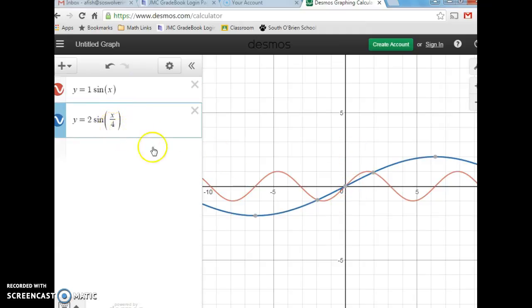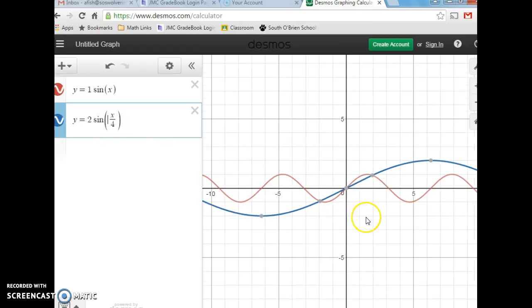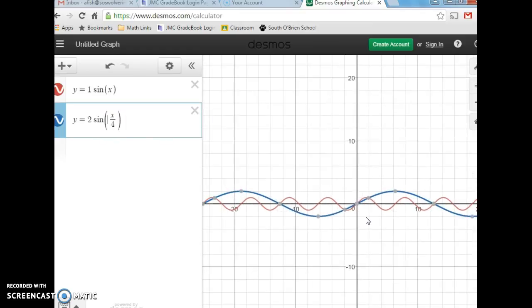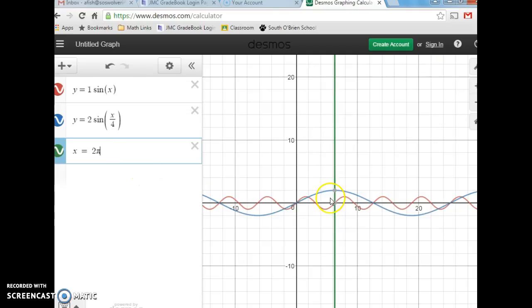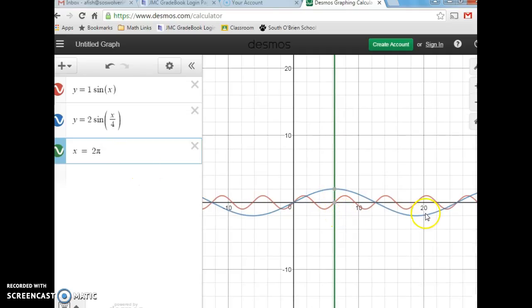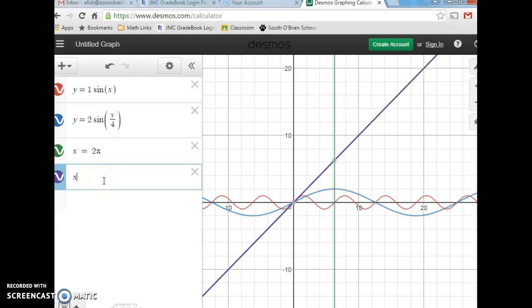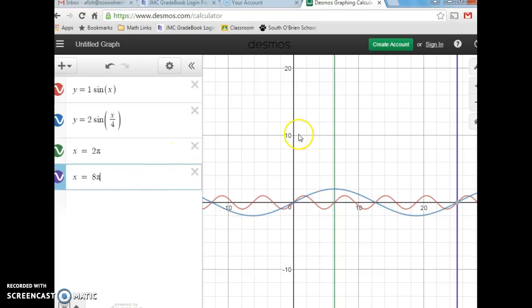But the 4, how does that affect us? Let's zoom out a little bit. Okay, so we know that x equals 2 pi gives us 1 period length here. Well, golly, on the blue one, that only makes us 1/4 of the way through. Hence the 4, we're only 1/4 away. But if I were to take that times 4, so let's go 8 pi, notice now we have made our full wavelength.